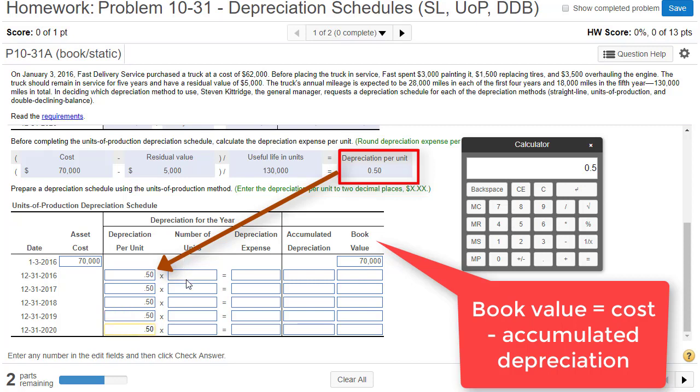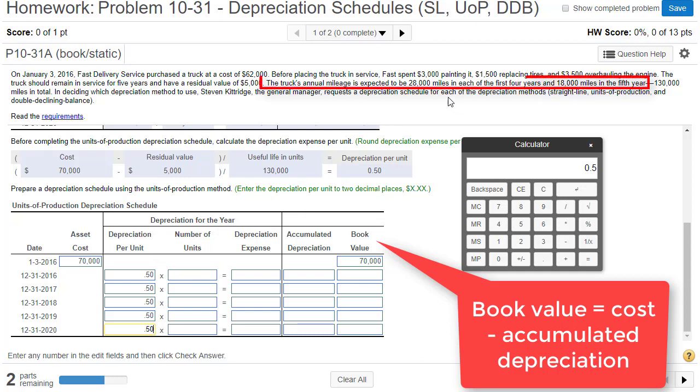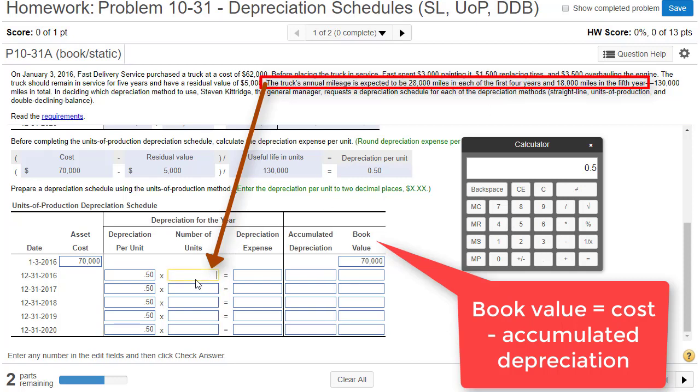And then we have to fill in how many miles we expect to drive this truck. We expect to drive the truck 28,000 miles in each of the first 4 years. So we got 28,000. We copy and paste that. And then in the 5th year, 18,000.